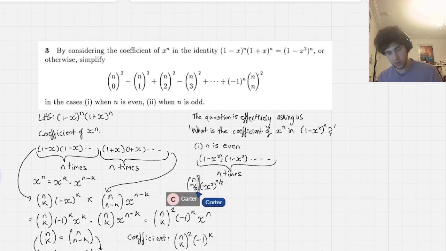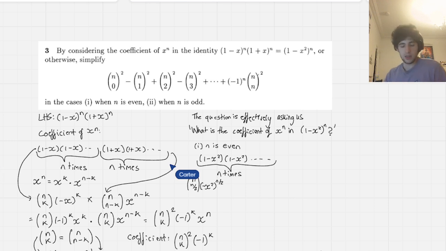Sorry, did I say n minus 2? I meant n over 2. So it's going to be n choose n over 2 times minus x squared to the power of n over 2. Obviously also multiplied by 1 to the power of n over 2, but that will be 1. And since n is even, n over 2 is going to be a positive integer.